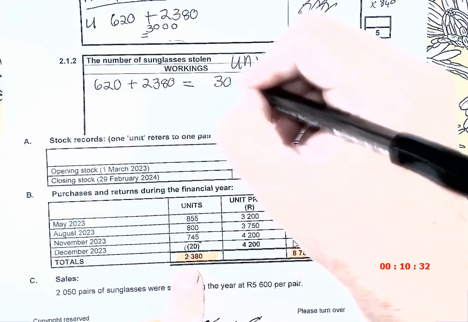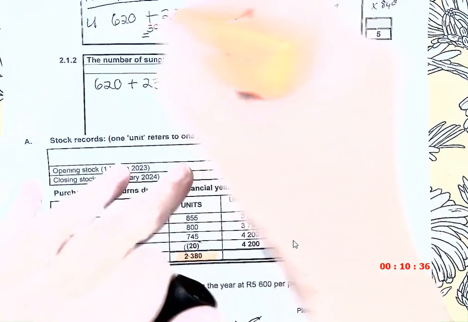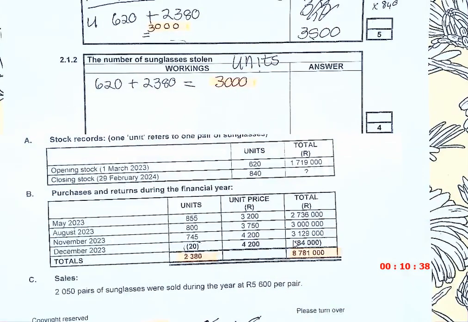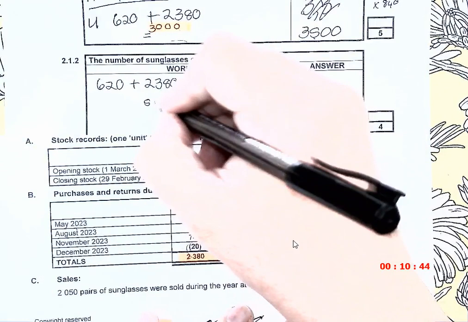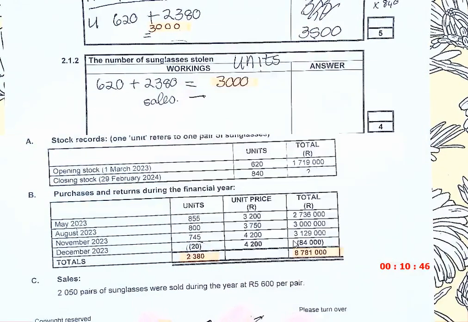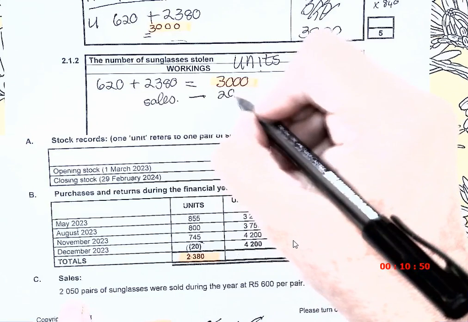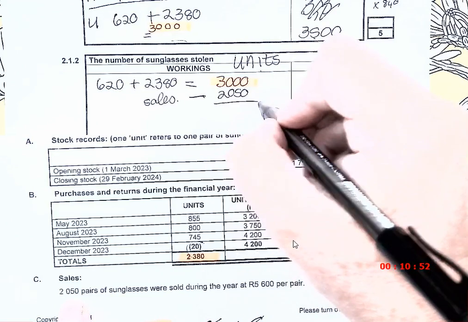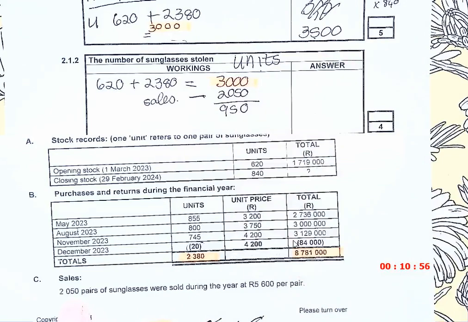Oh, 3,000. And if you were clever, you would have remembered that you already calculated it there. So you would have just transferred it. Then I'm going to subtract my sales. How much did I sell? Oh, I sold 2050. So I'm supposed to have left 950 units. Does that make sense?